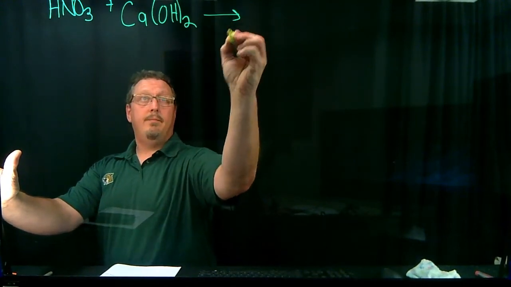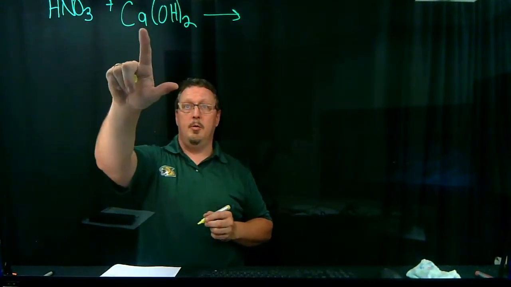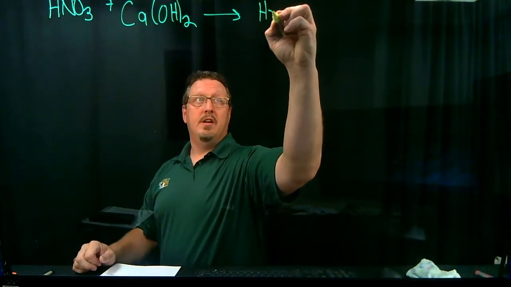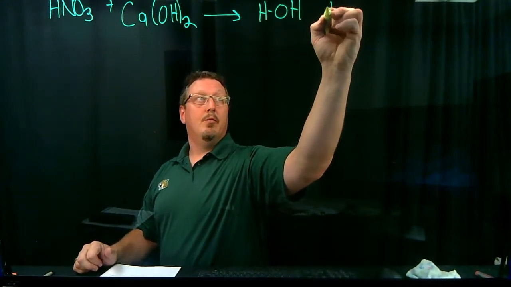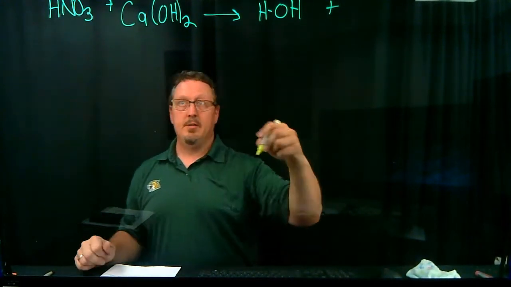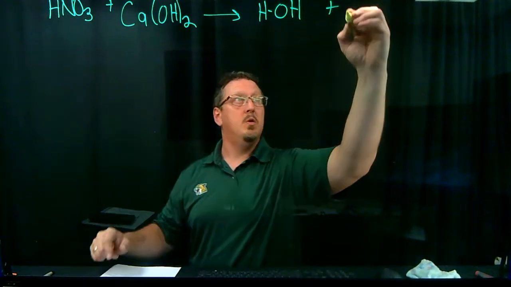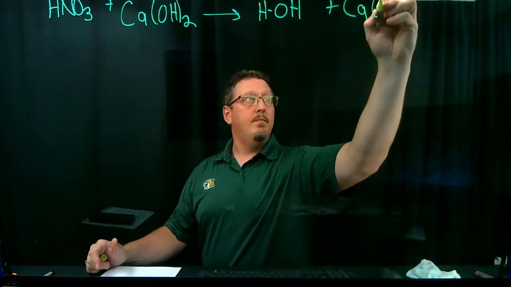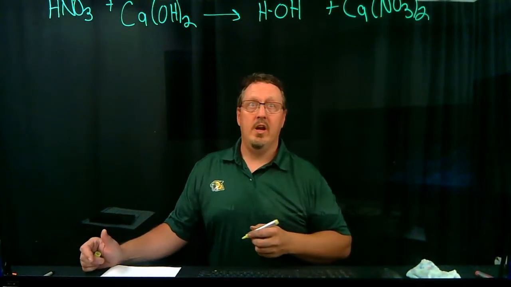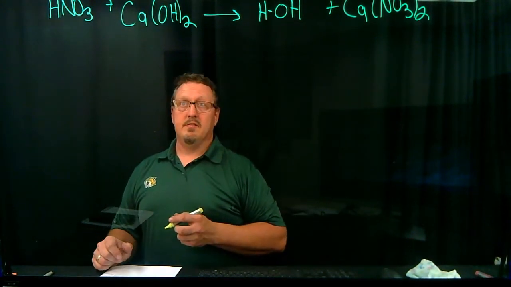Acid and base, so we're going to make water, H2O, which I'm going to write as HOH, and a salt. The salt will be calcium and nitrate combined. That's a +2 charge and a -1, so that'll be Ca(NO3)2.